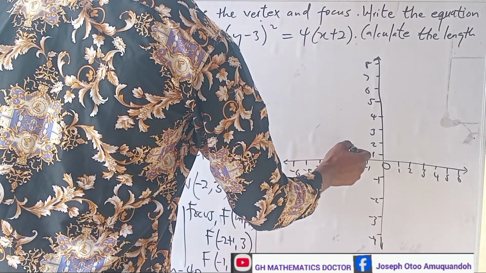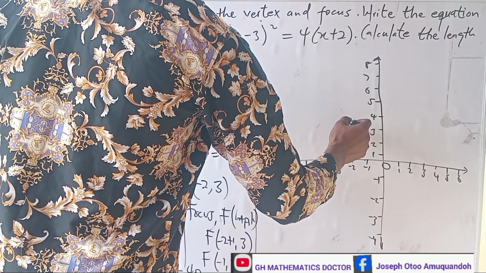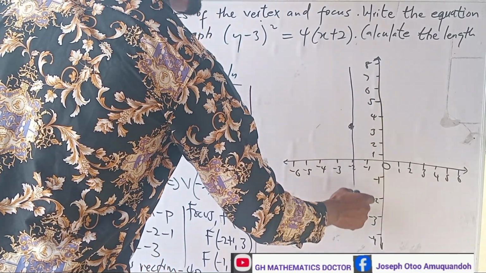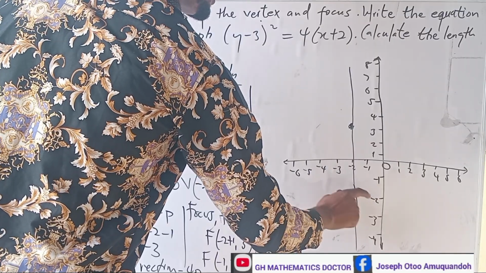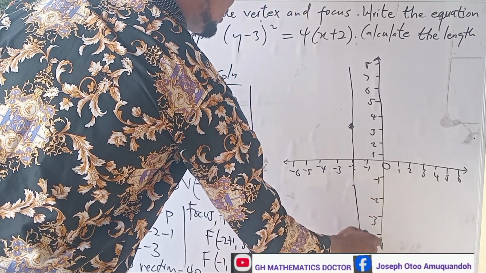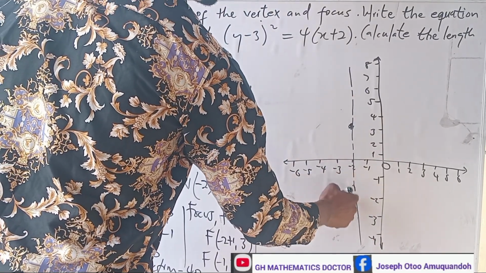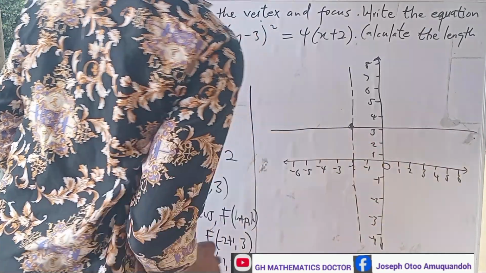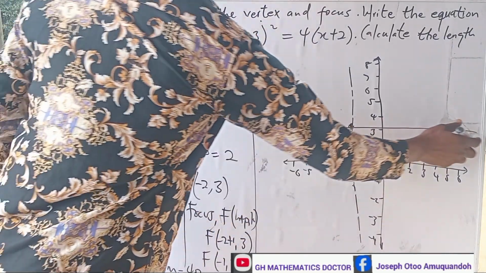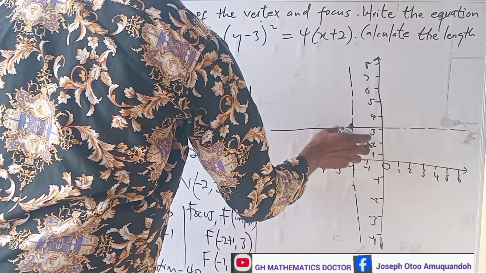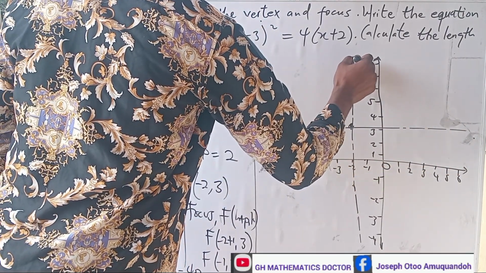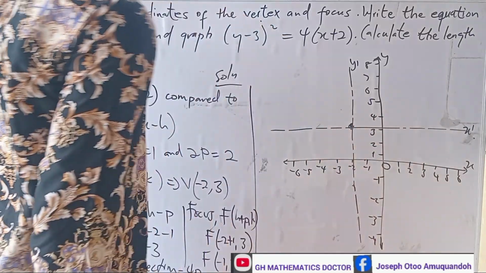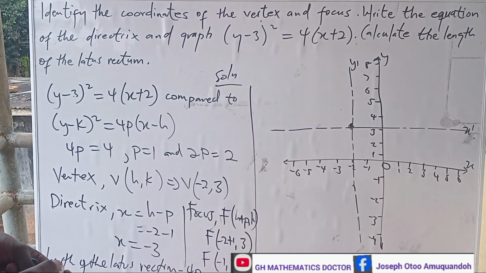Negative 2, 3 is found here. I need to draw our new plane at our new vertex. It is supposed to be a dotted line, and the same for the other axis. We have here y prime and x prime. We have the x and y coordinates already there.